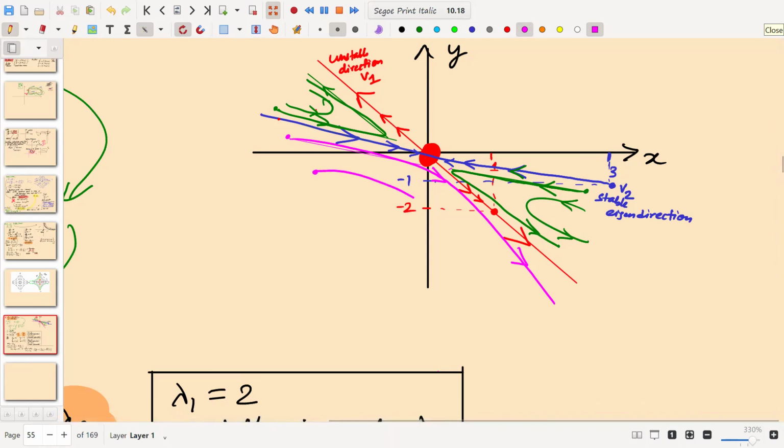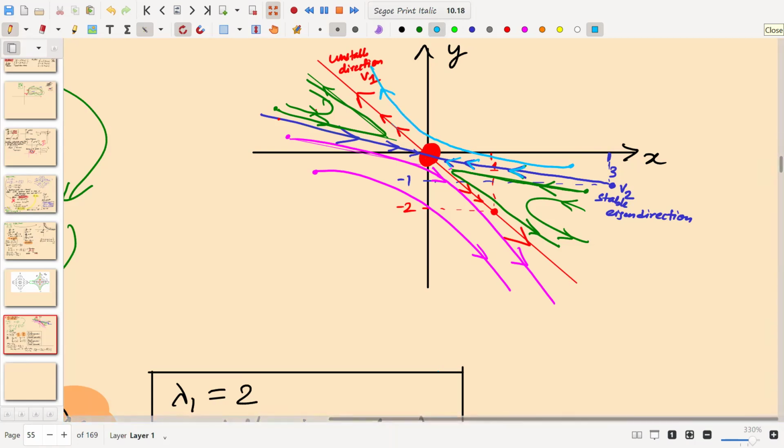This point also will go like this, right? What will happen to, say, something like this here? Since this guy is coming towards the origin, it will force this guy to come to the origin, and still it will go like this, because of the unstable directions here. And similarly, the corresponding trajectories will also follow a similar route, right?